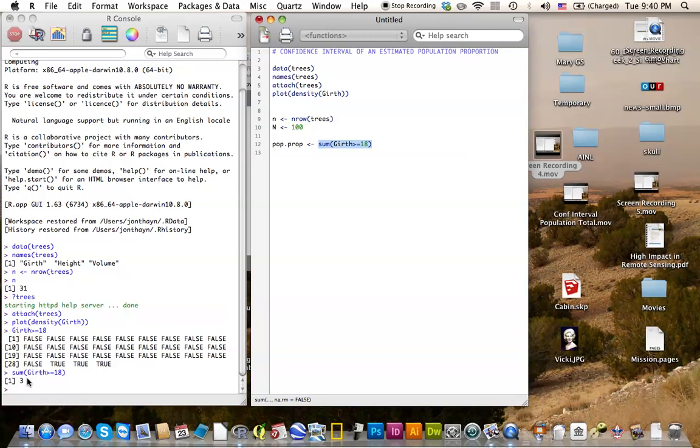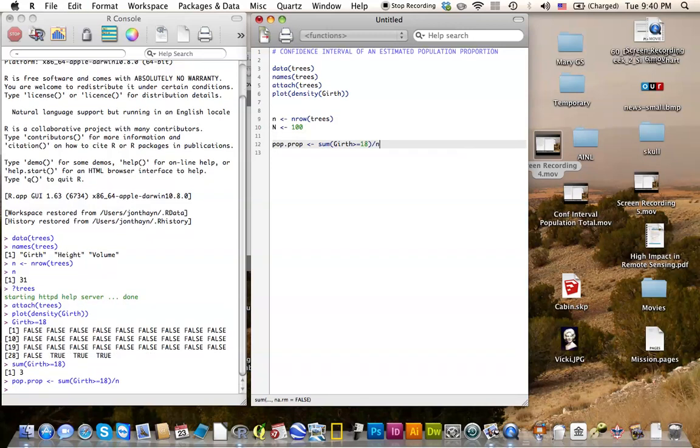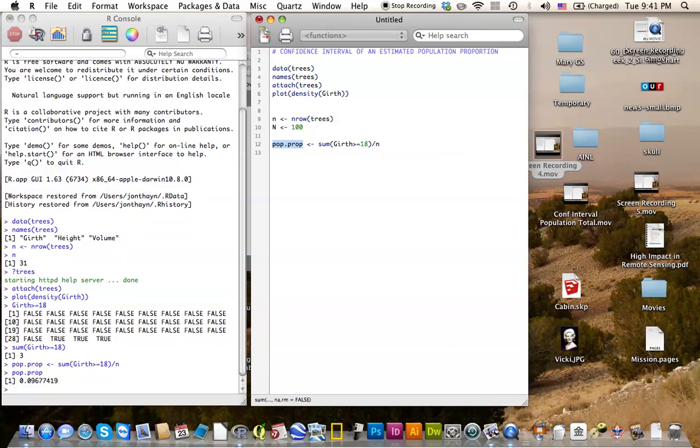than 18 inches. And if I divide this by my sample size, here is my estimated population proportion, just about 10%, just under 10% of the trees are that size. So we can multiply the 10% times the 100.